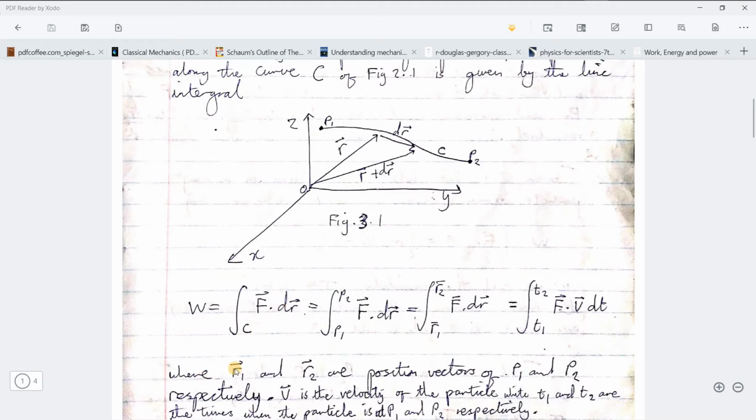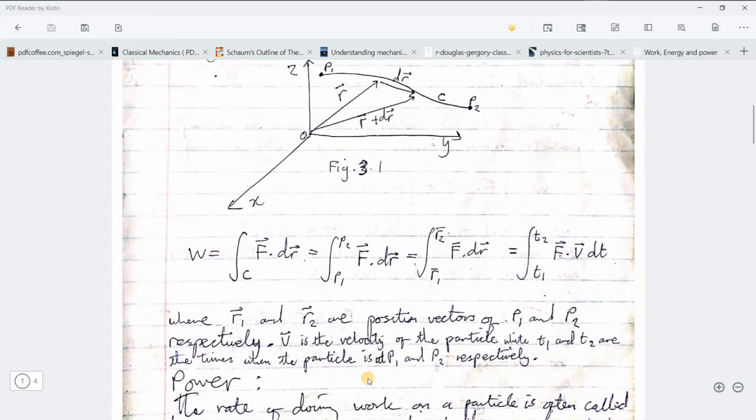As you can see, it's written where r1 and r2 are position vectors of P1 and P2 respectively. And here we're saying that v is the velocity of the particle at times t1 and t2. This formula, as you can see from my pointer, is the other way of calculating the work done in pushing a particle from point P1 to point P2.